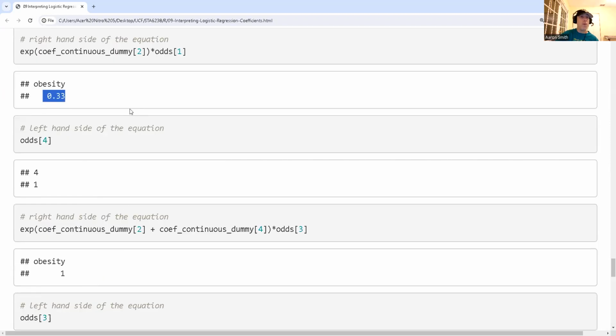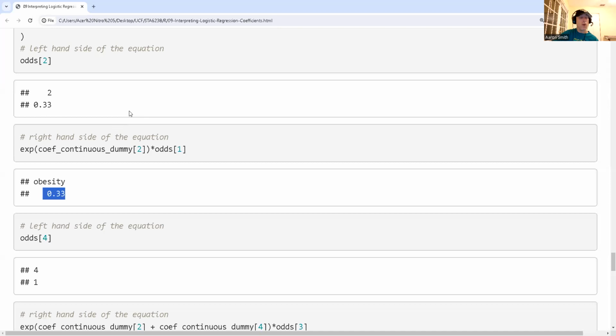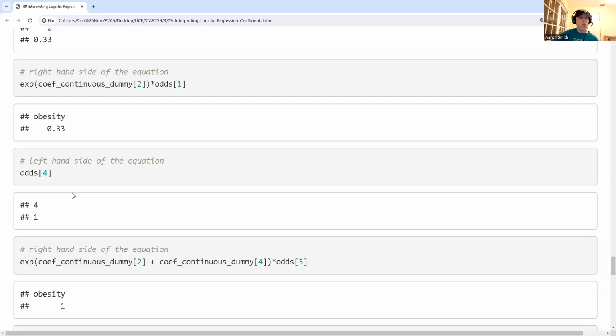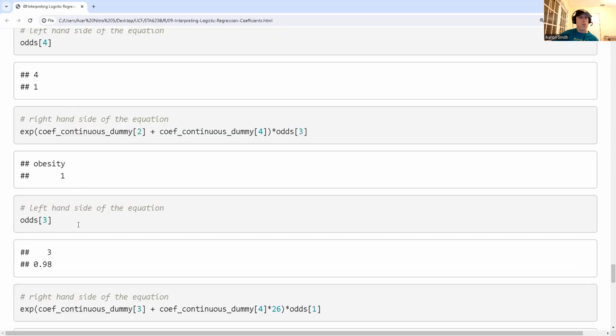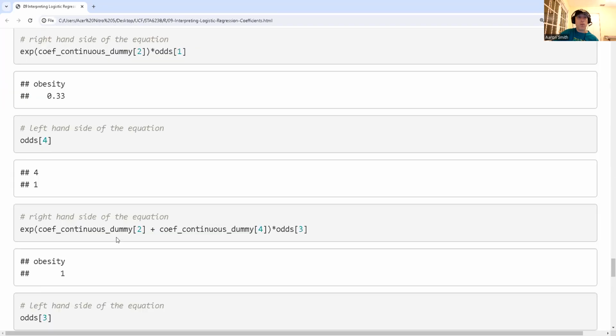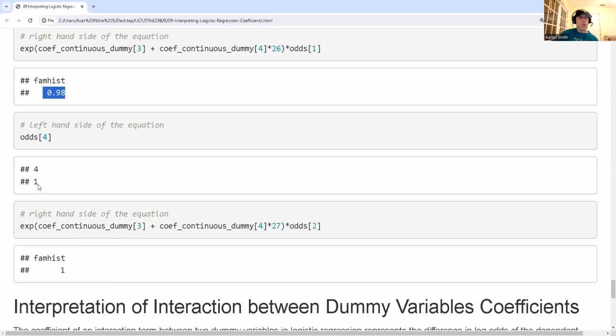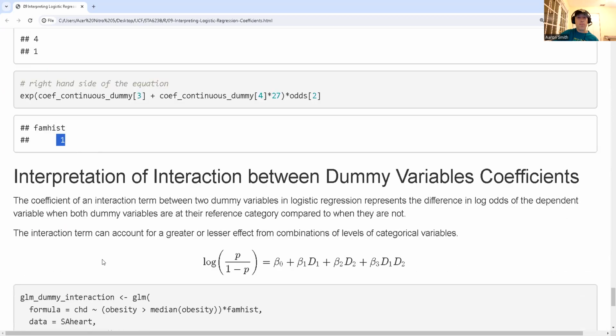That was based off of the dummy variable being fixed and the x variable changing, and now here we're switching that around. And so we can see that we get 0.98 and 0.98. So it works regardless of how we approach this. And I have other computations just to confirm this in other ways.